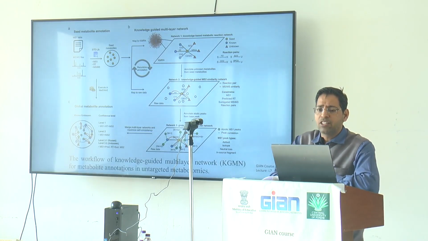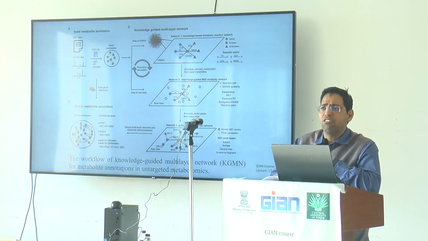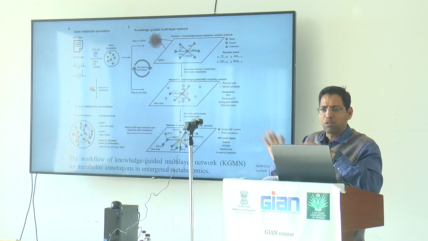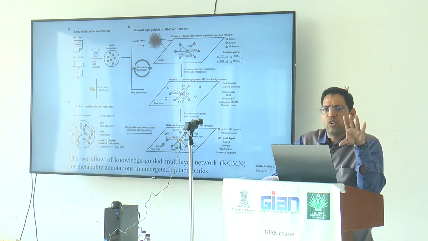The illustration shows how you go ahead and obtain the seed metabolites. Seeds are easily available and you can start your work with the seed metabolites. I'm not able to see here, so I will speak from here. The MS table is the first thing you get from your LCMS.